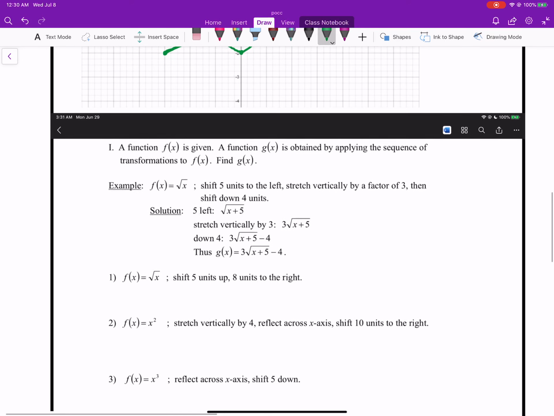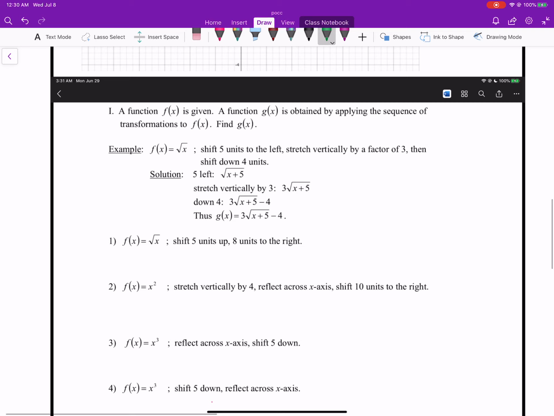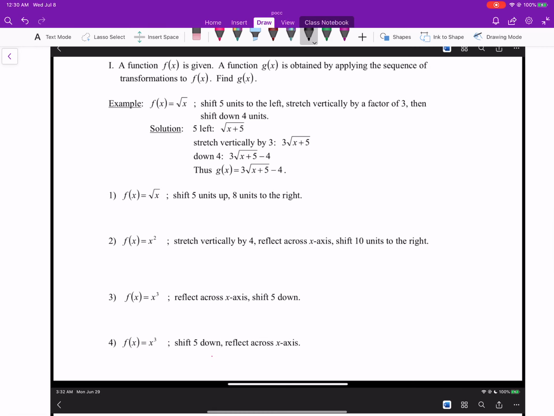Another approach is you will be given a function and a sequence of transformations for you to figure out what the new function looks like. All right, so let's look at the first example. My original function is f of x is equal to root x. So I'm going to shift it up 5 units.